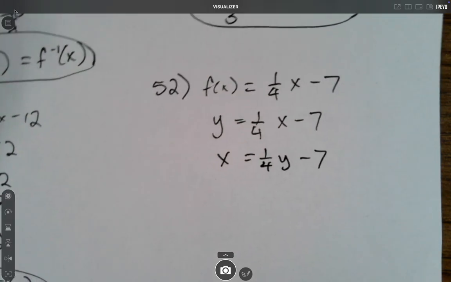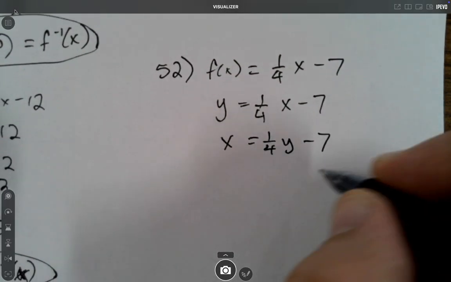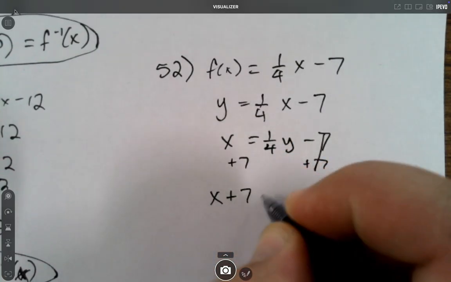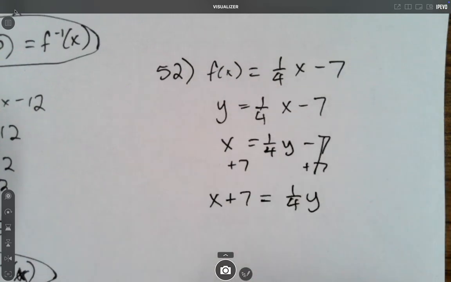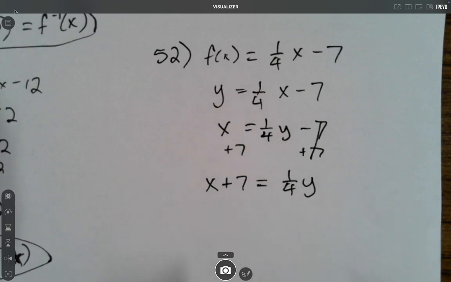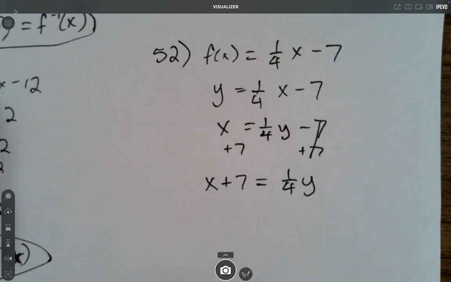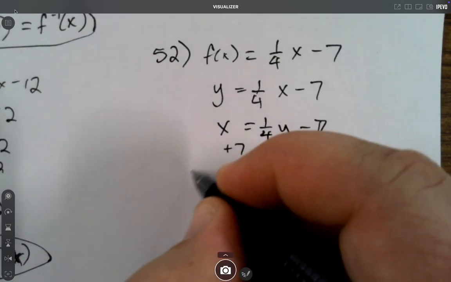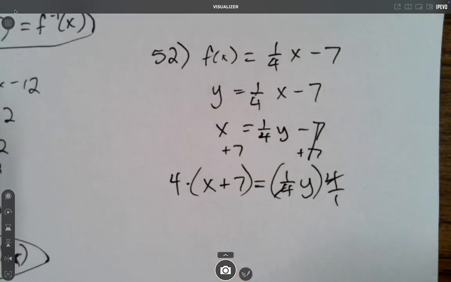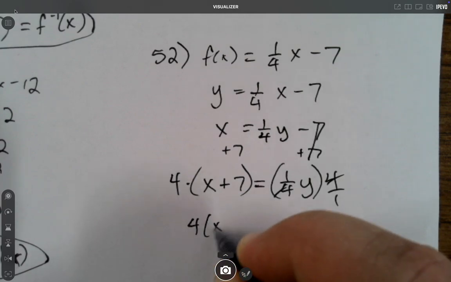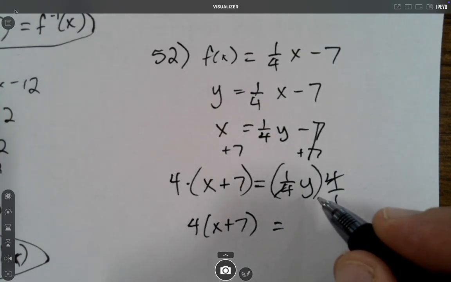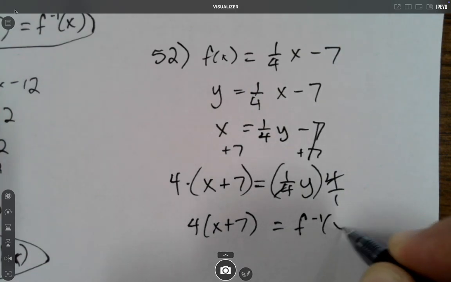Now we need to get y by itself. So I'll start by adding 7 to both sides. And then I got to get rid of this 1/4. You can divide both sides by 1/4, but the same thing as dividing by 1/4 is multiplying both sides by 4. Because again, this is 4 over 1, so those 4's will cancel out, leaving us 4 times x plus 7. And you're allowed to distribute, but you don't have to. And you replace the y with the inverse of f of x.